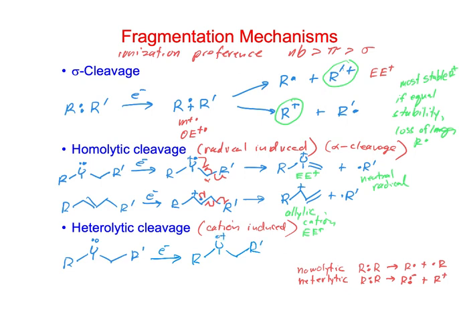I'm going to draw the plus on this side now. R prime. And in this case, what it does is it cleaves the bond that's directly attached to the heteroatom. And it's going to move a pair of electrons, so it's going to be a double-sided arrow, and those electrons are going to go towards the plus. And so if that takes place, then we end up with Y. We have a radical here.